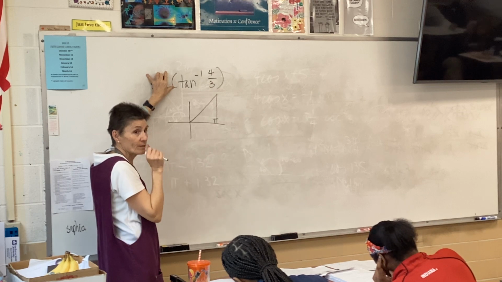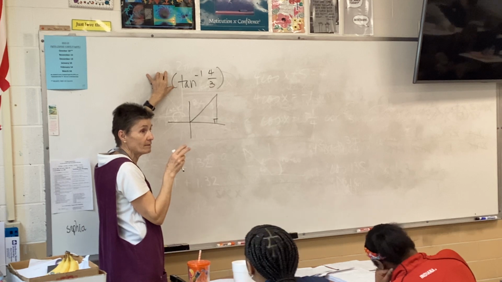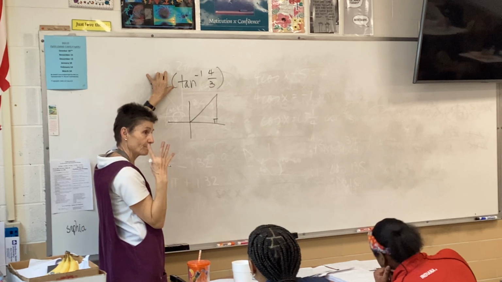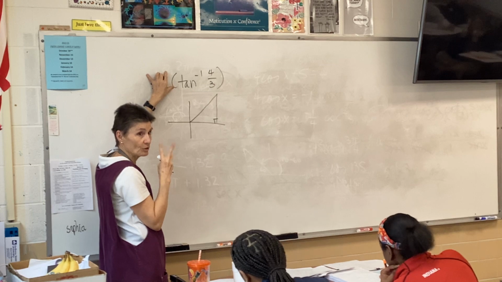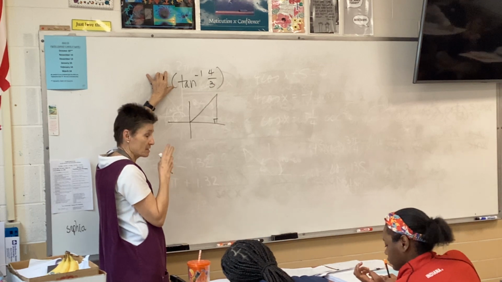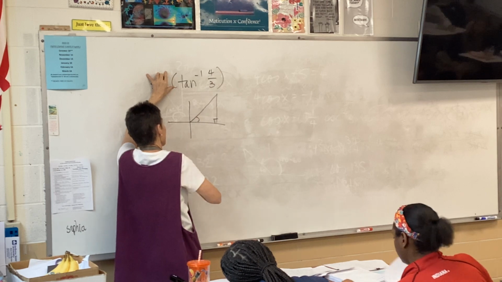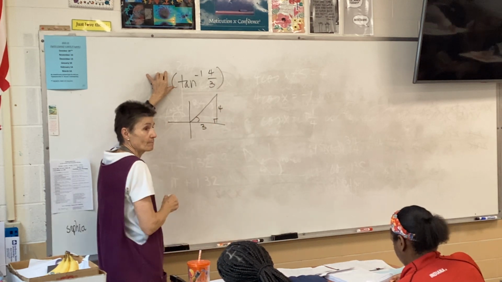What are the rules for the negatives? Who remembers? If it's a tangent or a sine and it's negative, it's in quadrant 4. If it's a cosine and it's negative, it's in quadrant 2. But this is positive, so it's in 1. And here's your angle right here. And the tangent is opposite over adjacent.